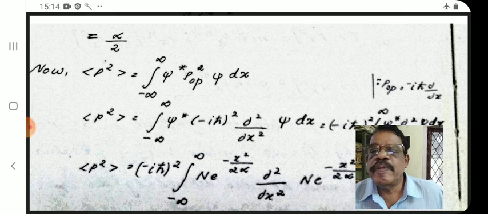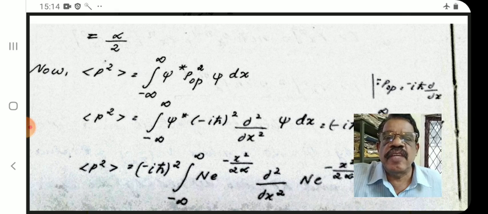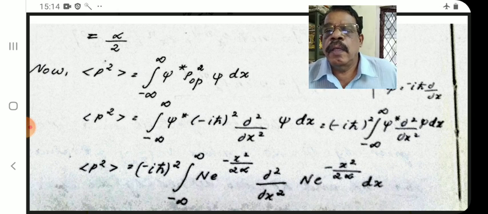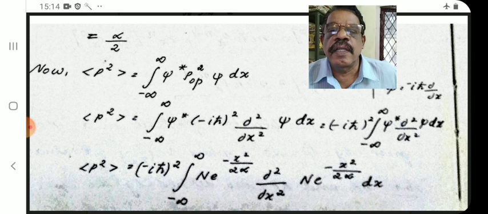That is, the expectation of p square is the integral from minus infinity to plus infinity of psi star times minus i h cut square dou square by dou x square psi dx. We take the constant minus i h cut square outside the integral sign, leaving the integral of psi star dou square by dou x square psi dx.